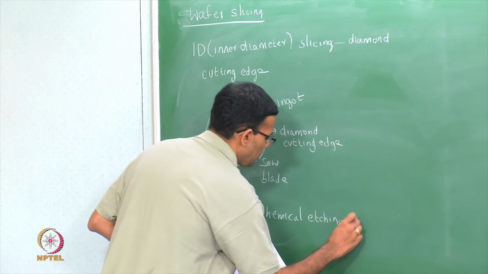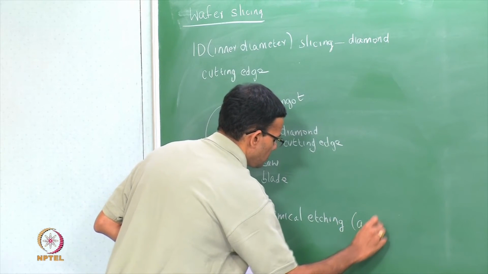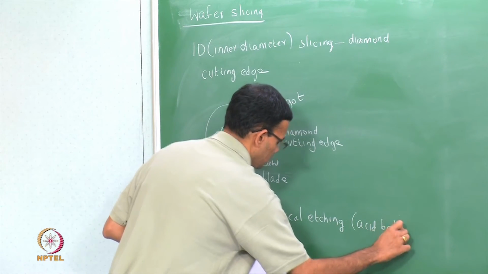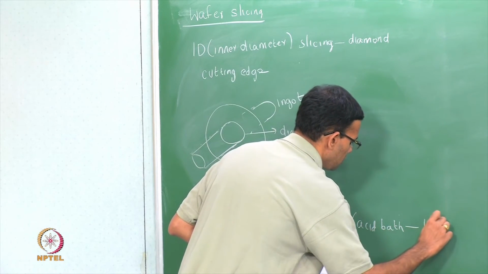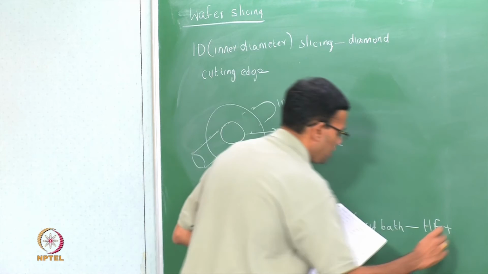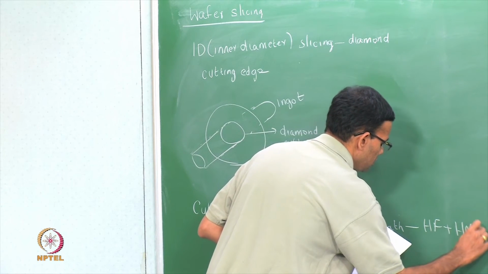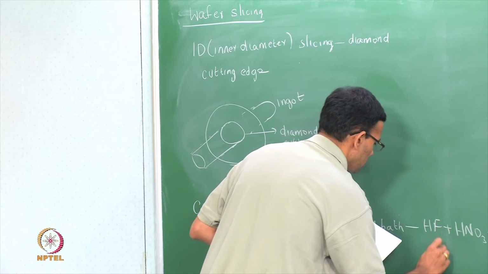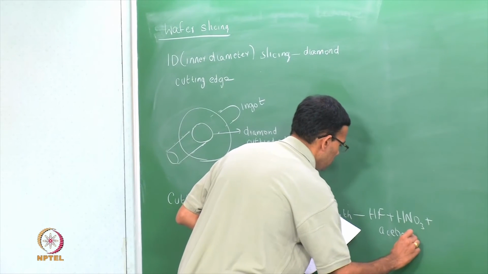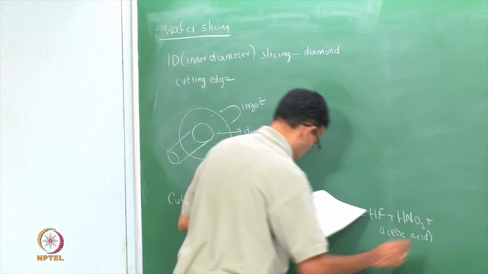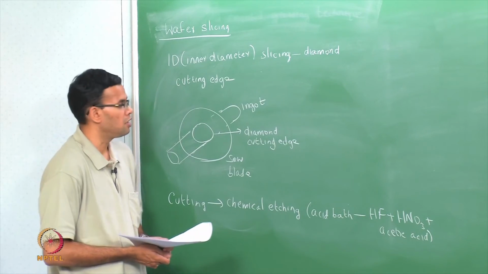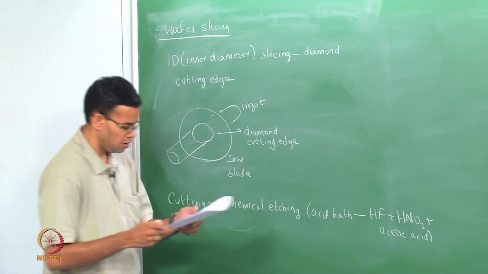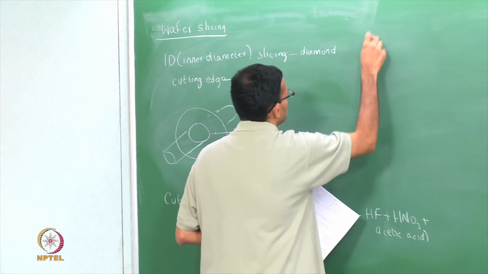Usually an acid bath is used with a mixture of HF, hydrofluoric, and nitric and acetic acid. After etching, the surface of the wafer is polished. So, we go through a polishing step.